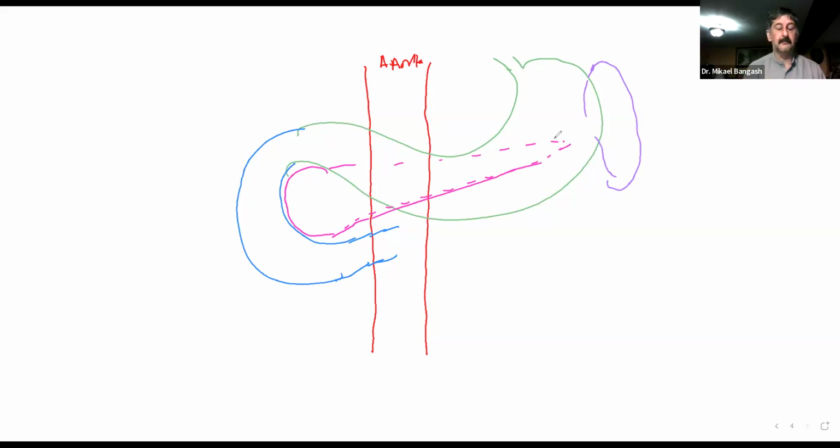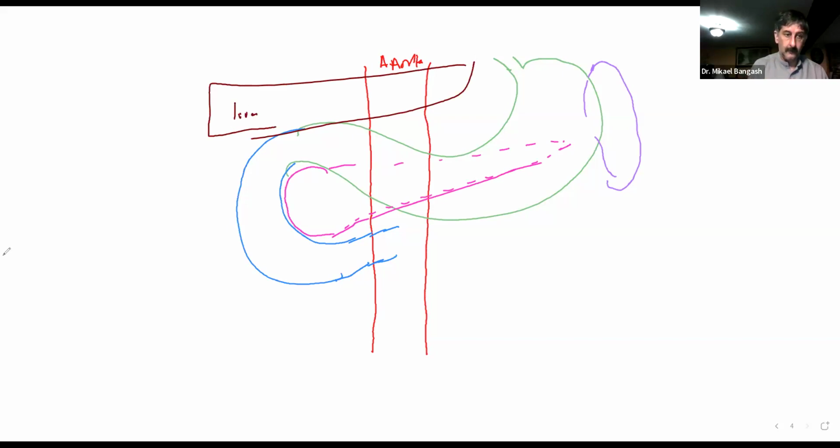This is your pancreas. This is your liver, and the liver has the gallbladder.